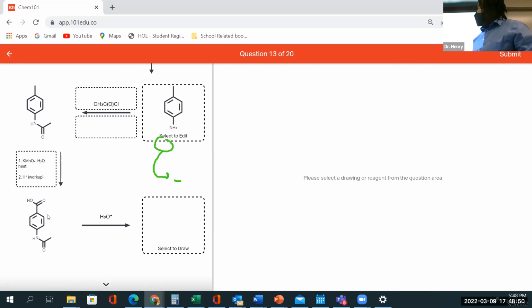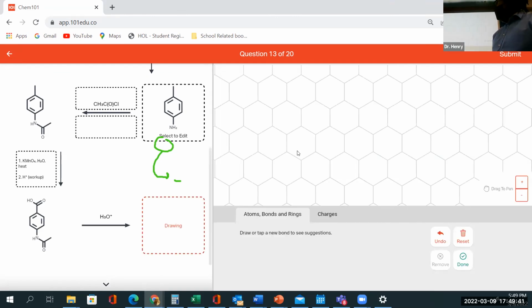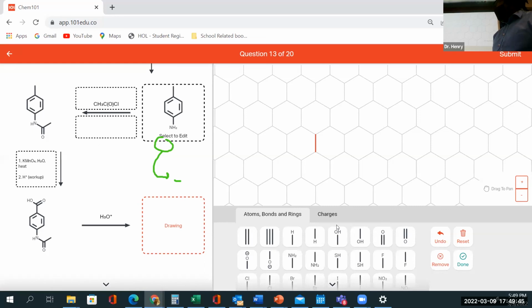Okay. And what's going to happen next? We're adding an acid. Again, I'll give it to you since we haven't really talked about the amides yet.